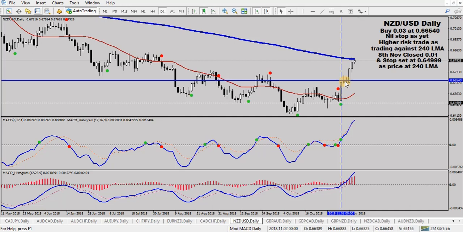New Zealand, took a buy. This morning I closed out 1/3 of that as price is at the 240 LMA. There's a good example of took a buy, price gone up, hit the 240 LMA, it's a higher risk trade, put a stop in place, just give myself some protection, take some profit and reduce risk. That's looking alright.